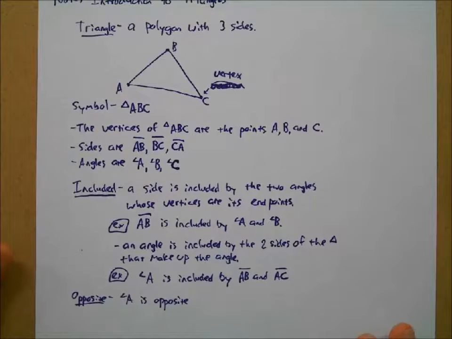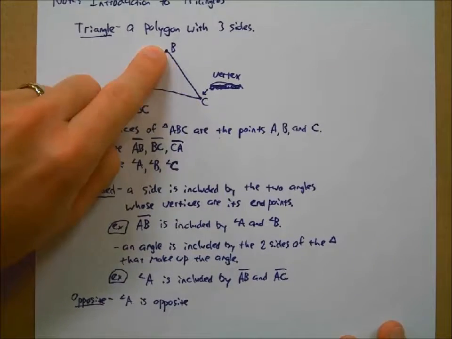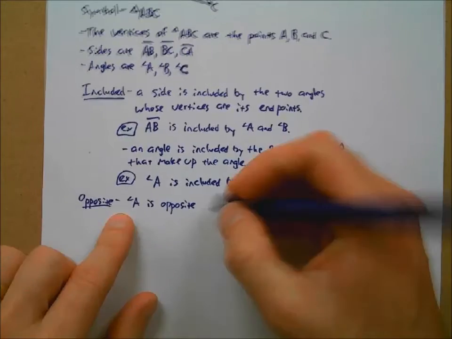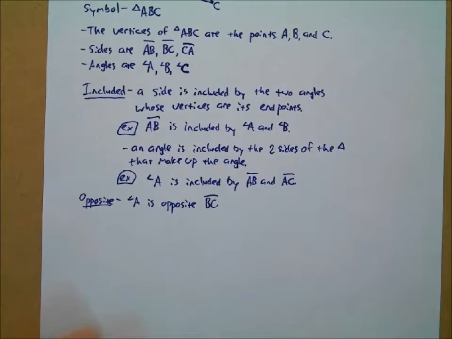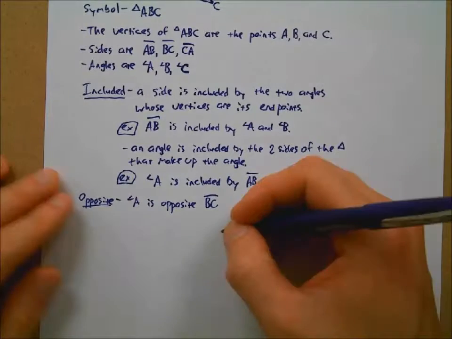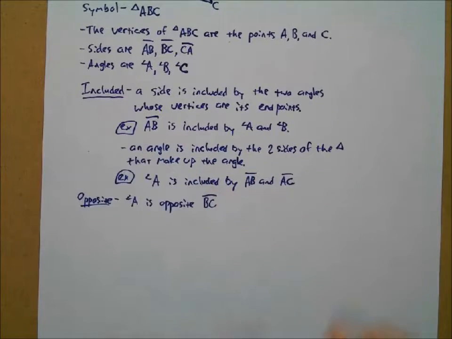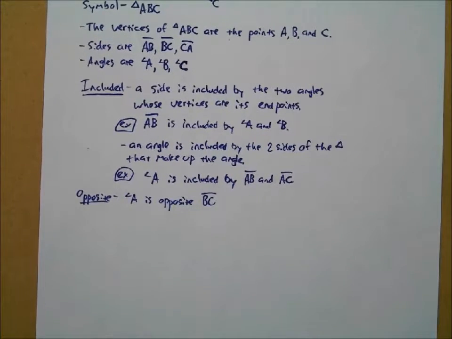You could say a midpoint potentially, but the entire object here would be segment BC. So angle A is opposite segment BC. And you could flip that around and say that segment BC is opposite angle A as well.